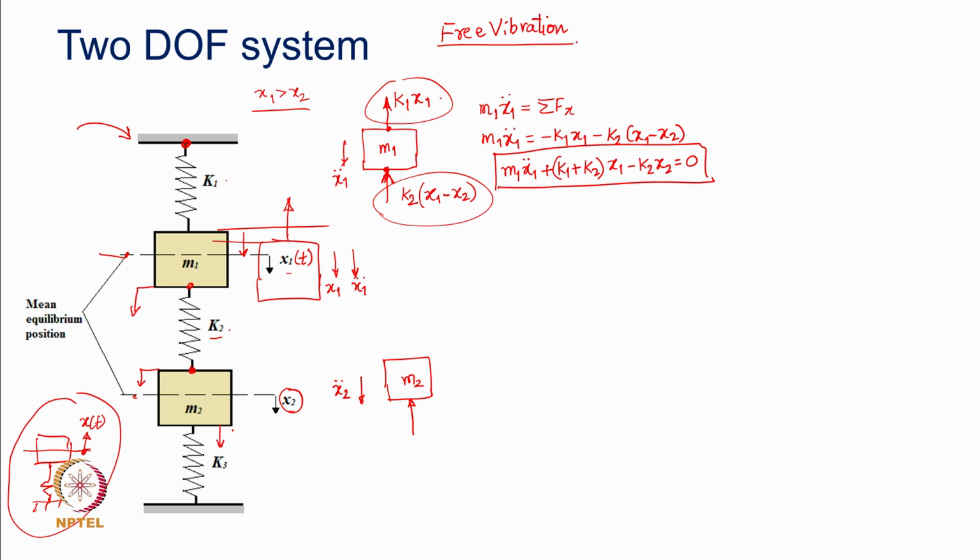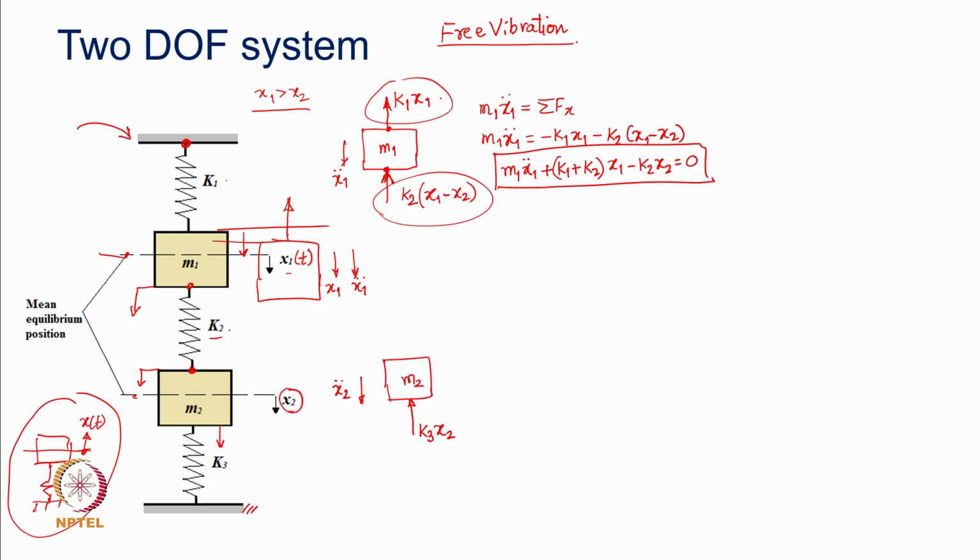So, from the mean equilibrium position it gets further stretched or compressed, and then the restoring force because of K3 would obviously be K3 into x2, this other end being fixed.